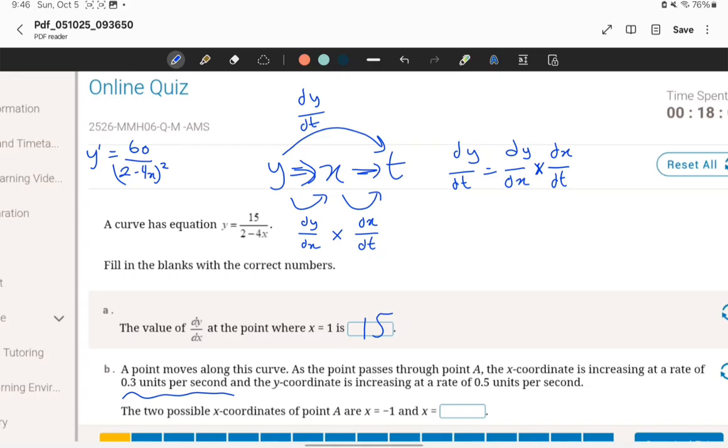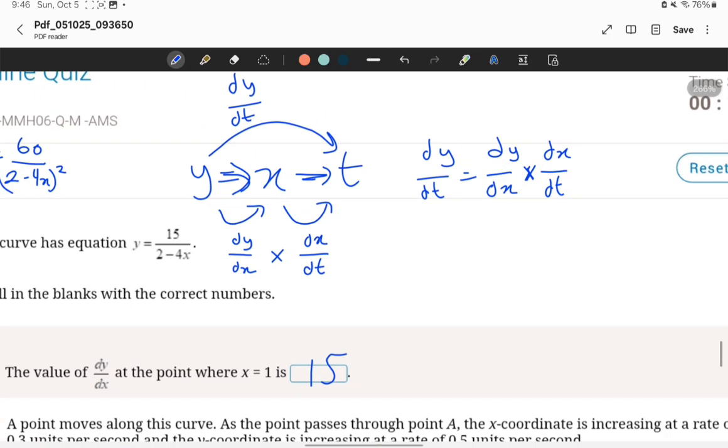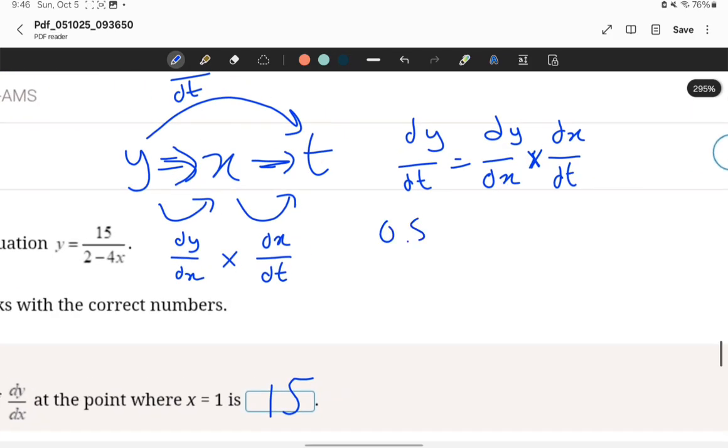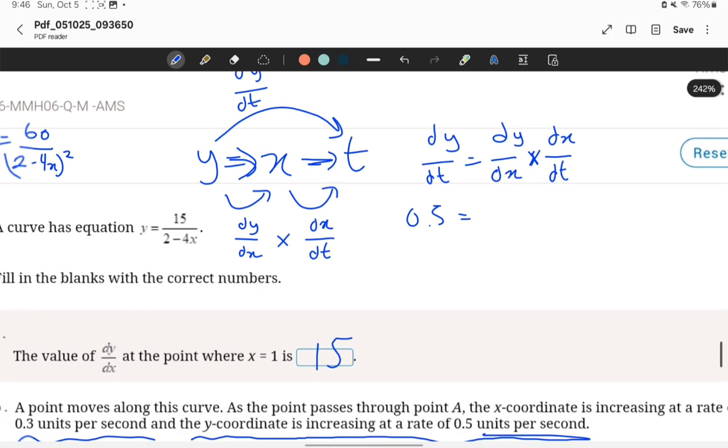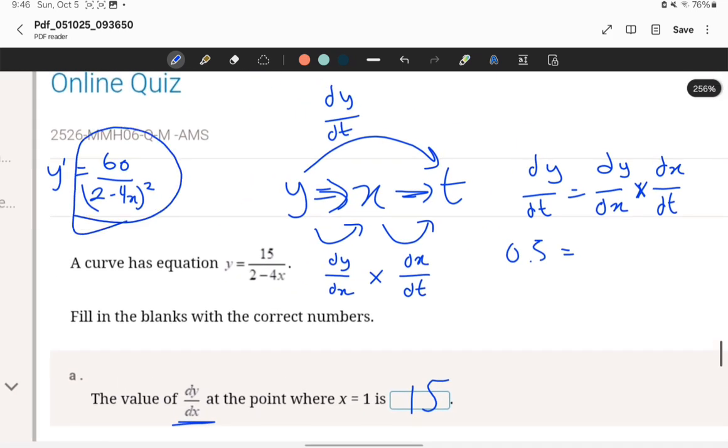So we could see the first thing we need is dy over dt. So here they told us the y coordinate is increasing at 0.5 per second, so that means dy over dt is 0.5. So we could go ahead, 0.5 equal to dy over dx is what we got here. So the derived form, right? We don't want to substitute x equals 1 into this. We don't care about this. We care about the form it's in.